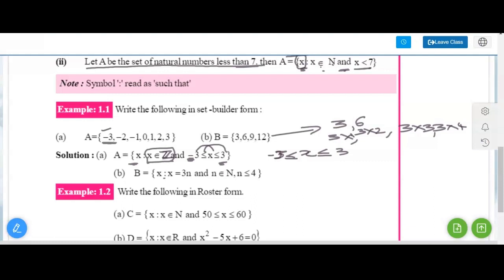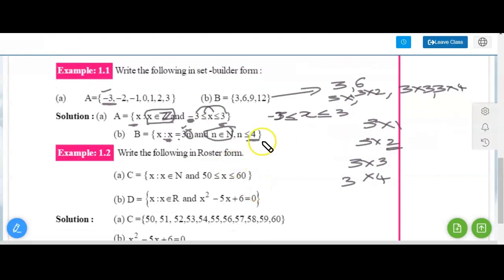You can write it as x, where x equals 3 into n, where the first time n is 1, the second time n is 2, the third time n is 3, the fourth time n is 4. So 1, 2, 3 and 4, which is less than or equal to 4, and n belongs to the natural number series.